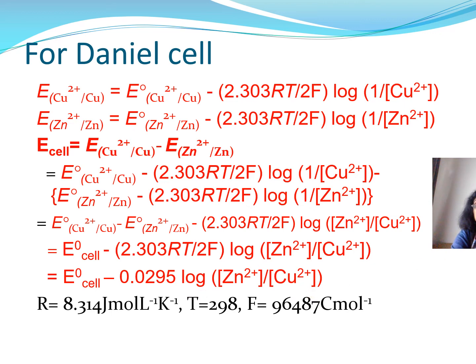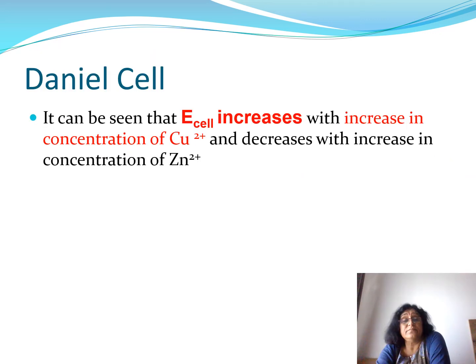This is the Nernst equation for the Daniell cell. It can be seen that E cell increases with increase in concentration of copper ions and decreases with increase in concentration of zinc ions. Is that clear? Okay, thank you.